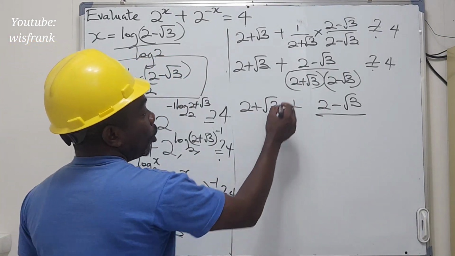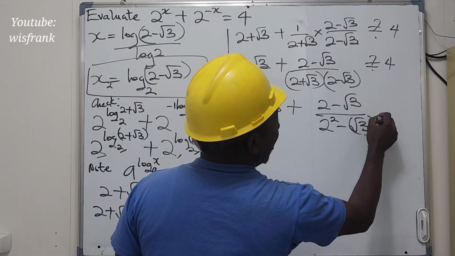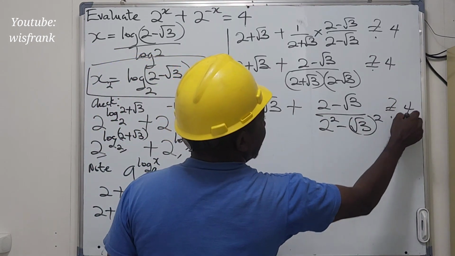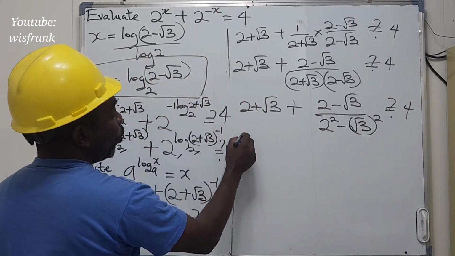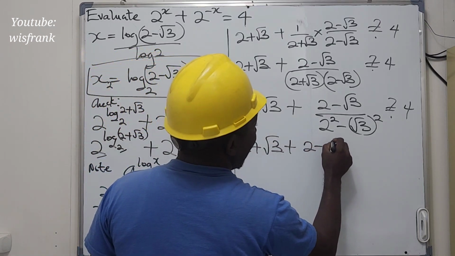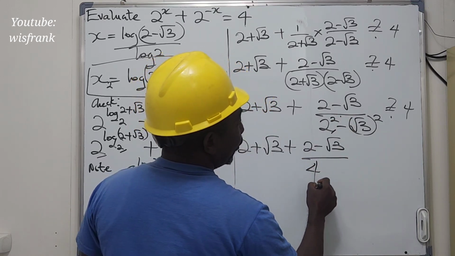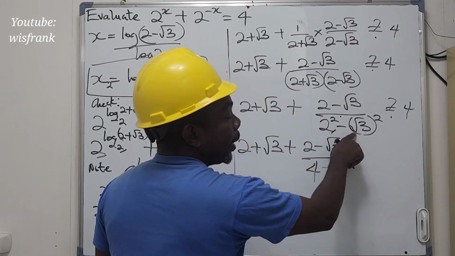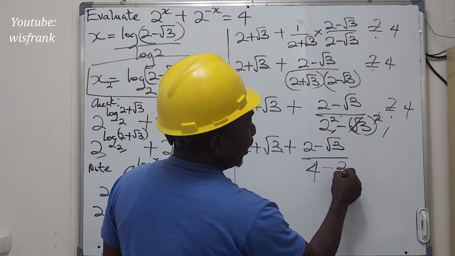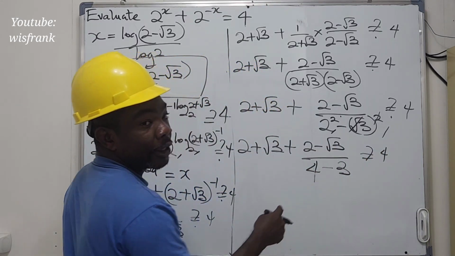This is in the form where we have 2 to the power of 2 minus root 3 to the power of 2. So let's find out whether this equals 4. So here will become 2 plus root 3 plus 2 minus root 3 all over 2 to the power of 2 which is 4, and also minus 3, because the square root cancels the square. We are now left with 3. Will this equal 4? So here will become 4 minus 3 is 1.